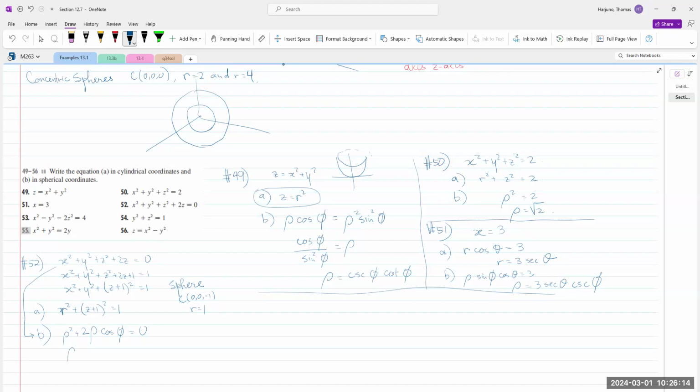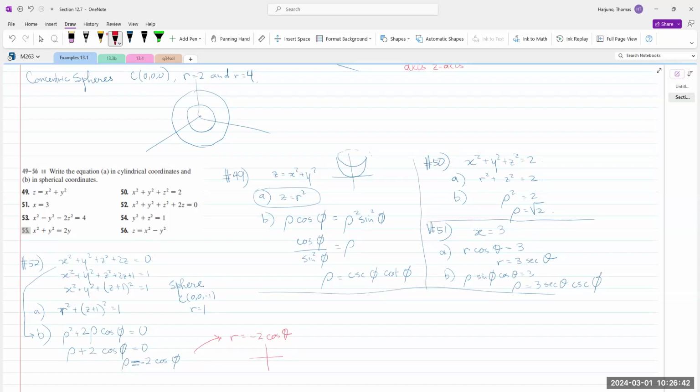So I get rho plus 2 cosine phi equals 0, or rho equals 2 cosine phi. Oh, negative, I'm sorry, negative.